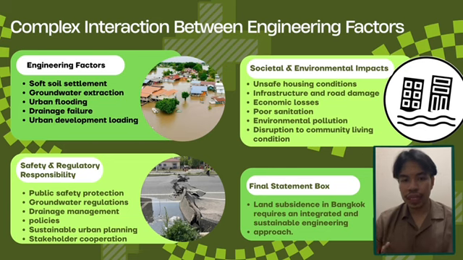From the safety and regulatory perspective, civil engineers play an important role in ensuring public safety, implementing groundwater regulation, improving drainage management policies, and promoting sustainable urban planning. Therefore, land subsidence in Bangkok requires an integrated and sustainable engineering approach involving cooperation between engineers, authorities, and stakeholders.